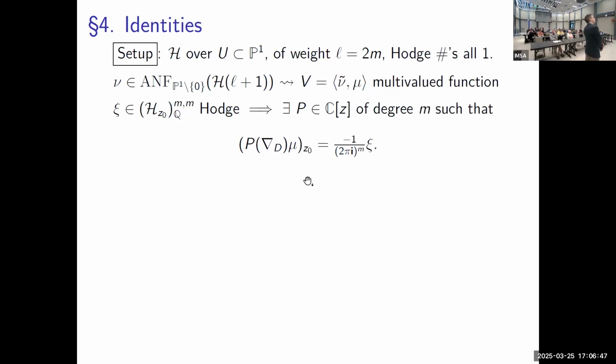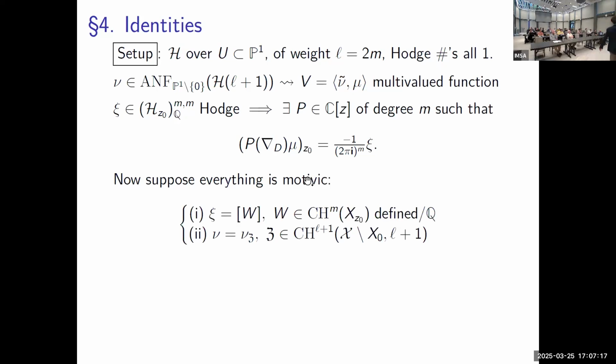I'm not yet assuming that it's represented by an algebraic cycle, but in that case, there exists some polynomial P of degree m such that if I take that polynomial and shove nabla_theta, where theta is z d/dz, into that polynomial and apply that to the section of the holomorphic forms, then at z naught, that will give me my Hodge class times (2 pi i).